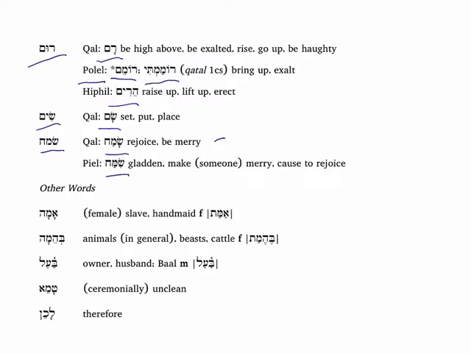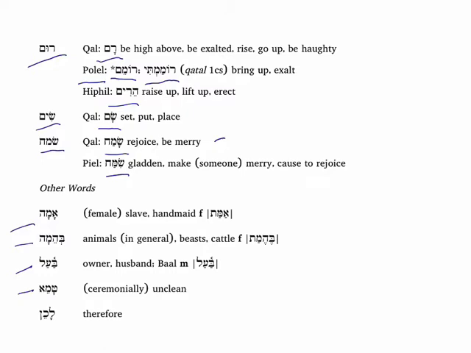Here we just have some common nouns. Amma is a female slave or a female servant. Behemah, a beast, often used for domestic animals, but sometimes for wildlife. Baal, this is the name of the god Baal, but it also can mean an owner of something or a husband.